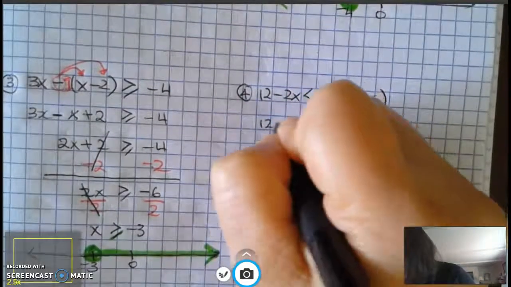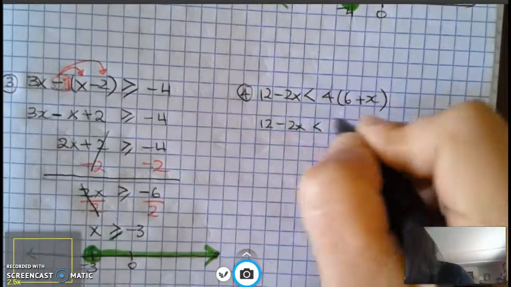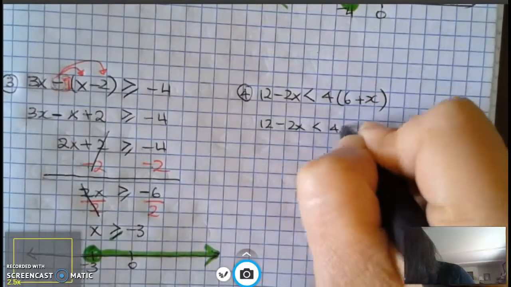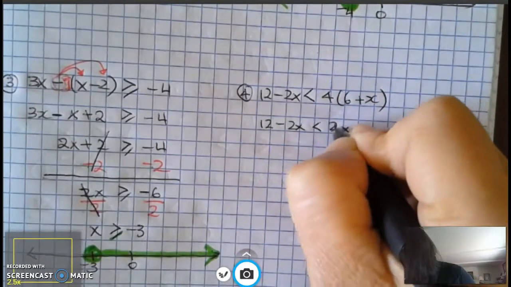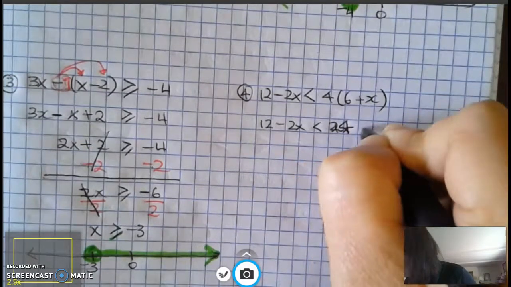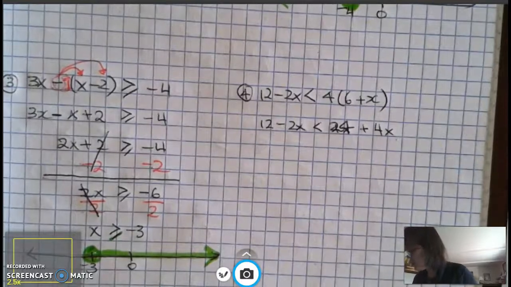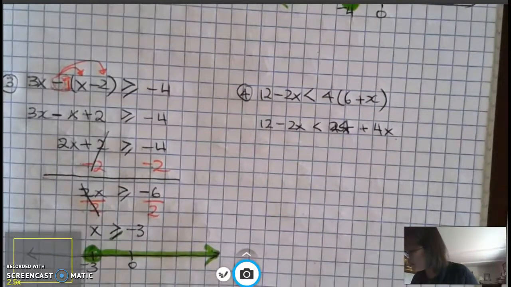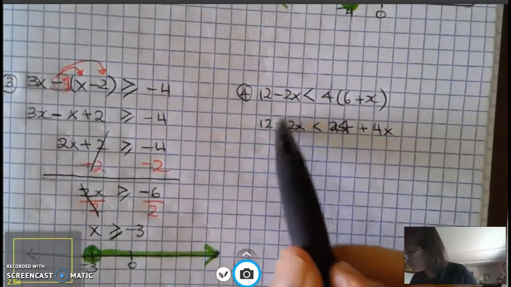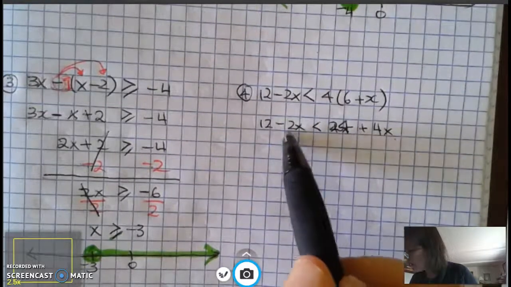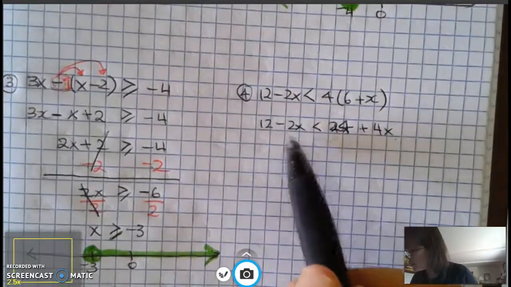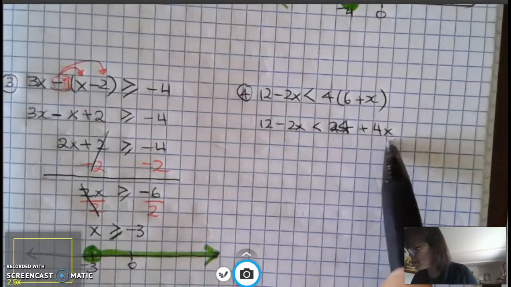12 minus 2x is less than, this time, 4 times 6 is 24 plus 4x. Okay? Alright, so I have two options. I see that there are x's on both sides, so I really want the x's on one side only.